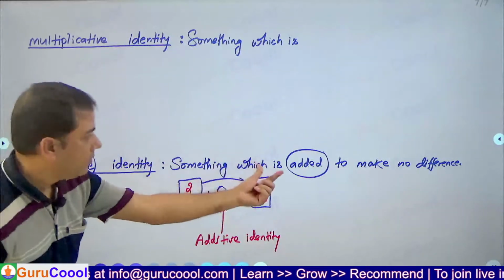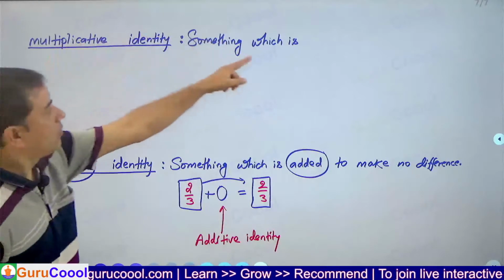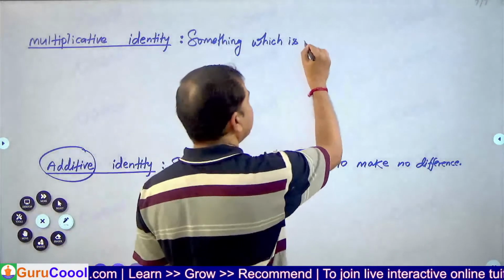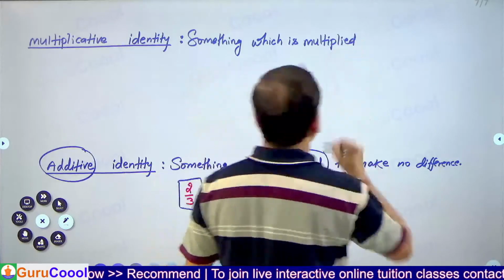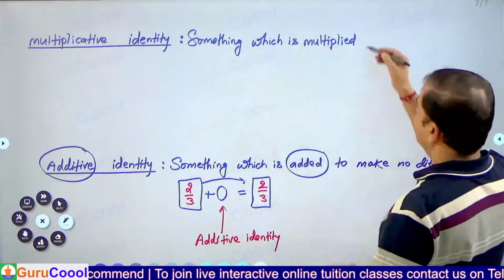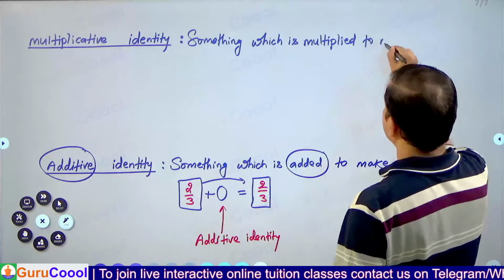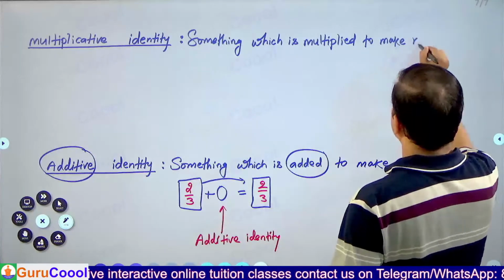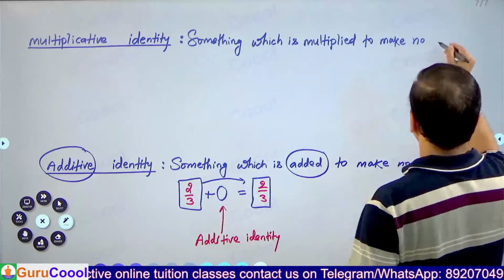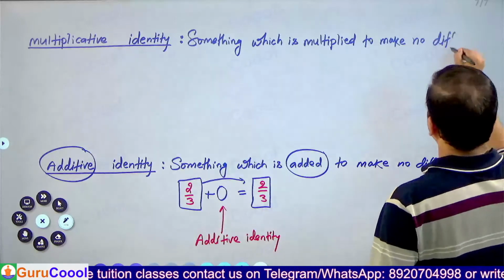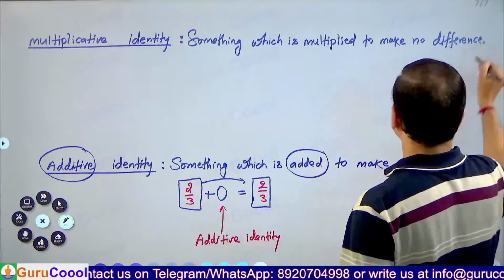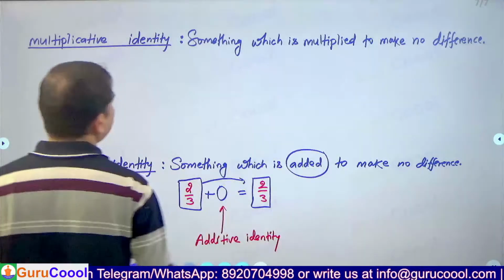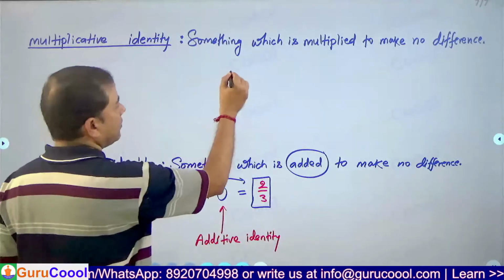So here, multiplicative, so multiplied. Something which is multiplied to make no difference. Sir, 1. Something which is multiplied to make no difference, that is 1.